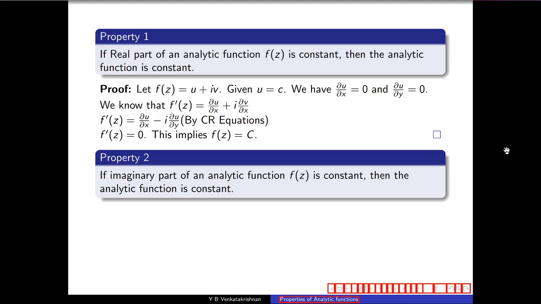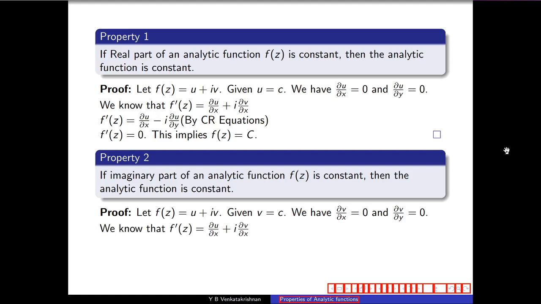Here instead of u is equal to c, we take v is equal to c, and the partial derivatives of v with respect to x and y are 0. And as usual, we write f dash of z is equal to dou u by dou x plus i dou v by dou x.